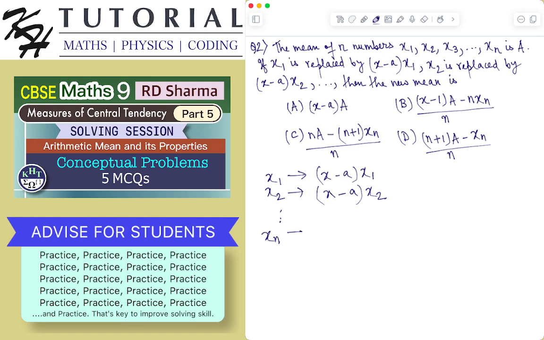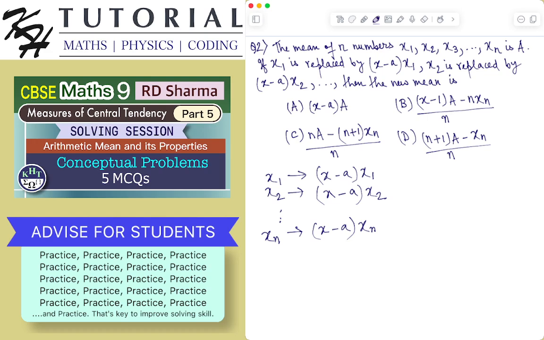Xn will be equal to x minus a multiplied by xn. We have already found, this is a property of arithmetic mean, that if you multiply all the observations by the same constant non-zero number, then the new mean will be that constant number multiplied by the original mean.